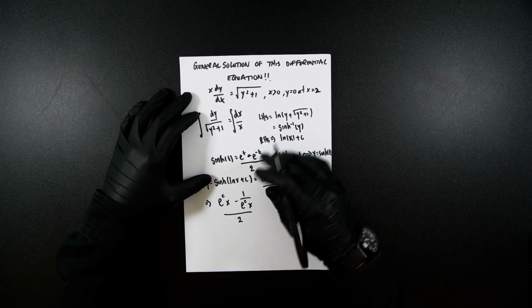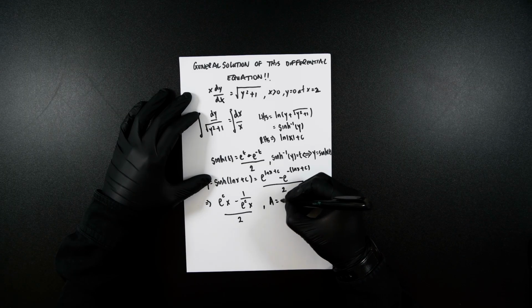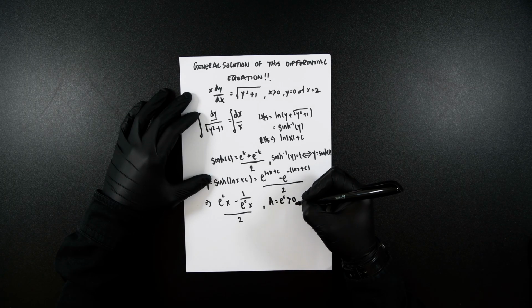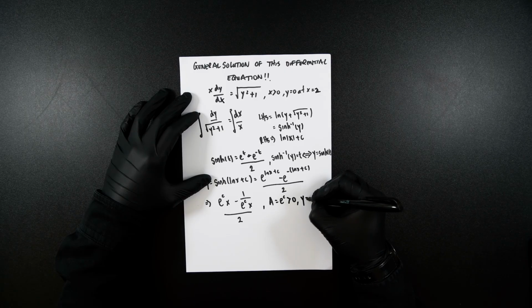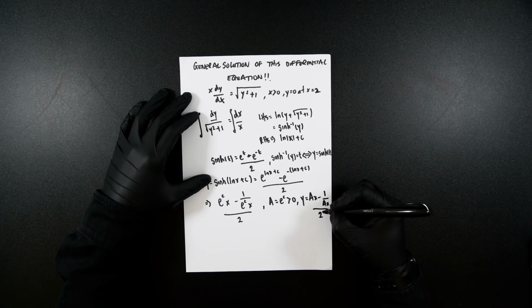We know that a equals e^c is greater than 0. So y is going to be (ax minus 1 over ax) divided by 2.